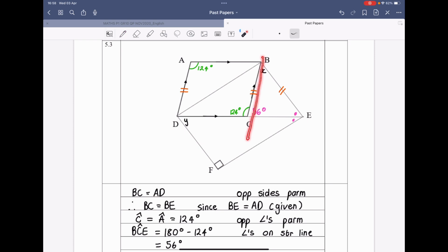Now, since these sides are equal, I know that it's an isosceles triangle, and if it's an isosceles triangle, then it means that the bottom angles are going to be equal. So this 56 is also equal to BEC.